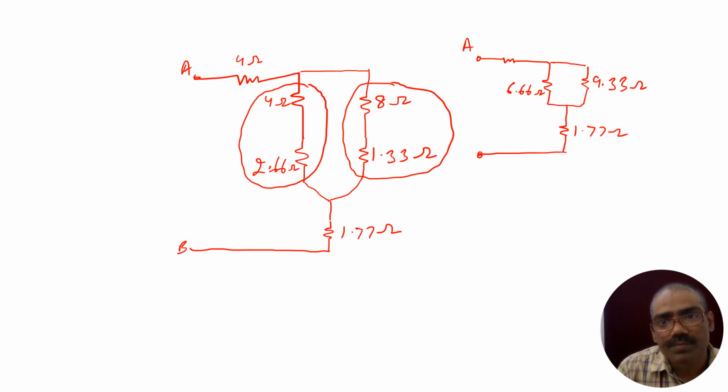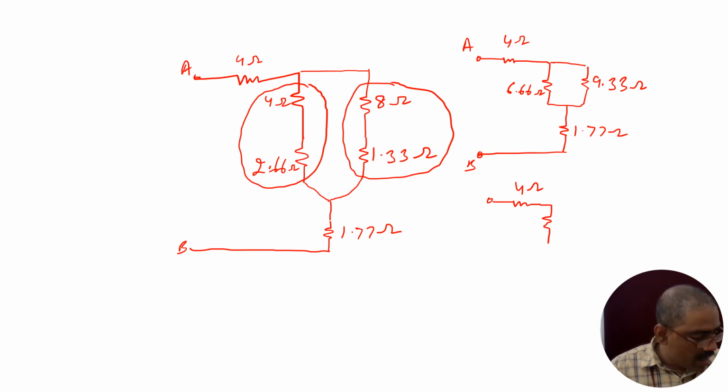Now again here we have these two resistances in parallel, so we will have to convert them to an equivalent resistance. So here we have 4 ohm resistance. Now these two resistances will be like that.